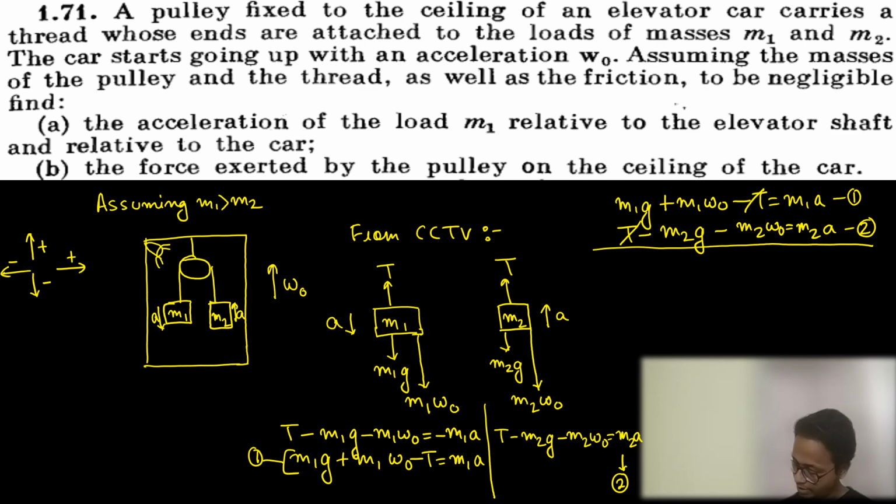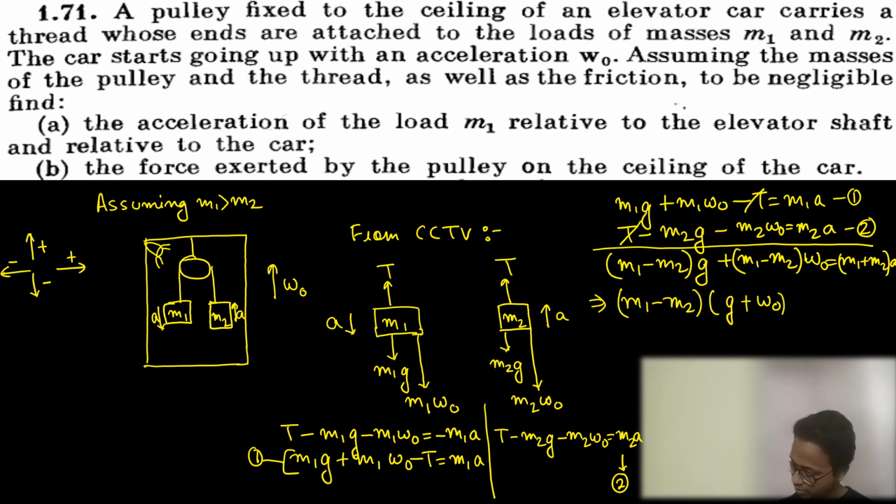So (M1 minus M2) into G plus (M1 minus M2) into omega naught is equal to (M1 plus M2) into A. If I take M1 minus M2 common, (M1 minus M2)(G plus omega naught) is equal to (M1 plus M2) into A.